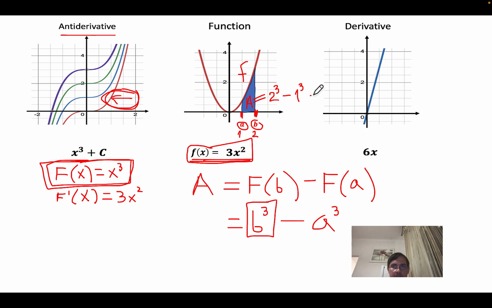So that's 7. So that's the area, 7 units squared, whatever the units might be. That's the area underneath the function f between the straight lines x equals a and x equals b, and the area is bounded above by this function f and below by the x-axis. That's the blue area, 7 units squared.